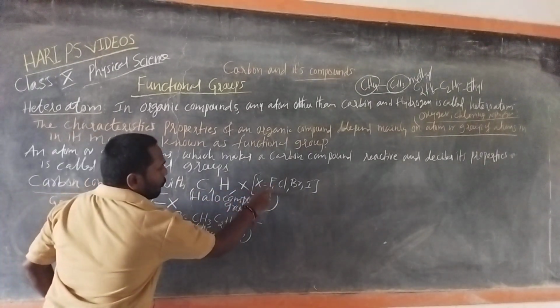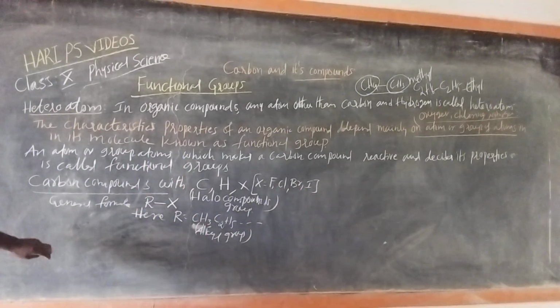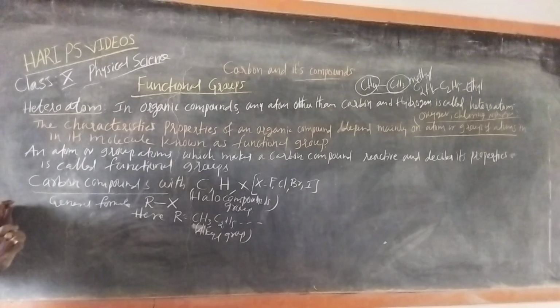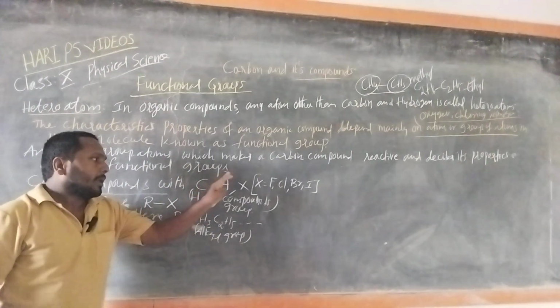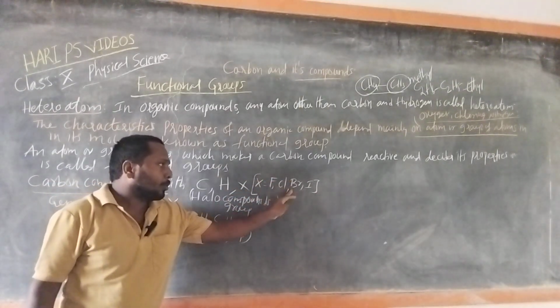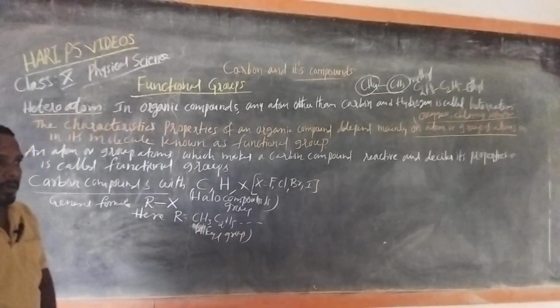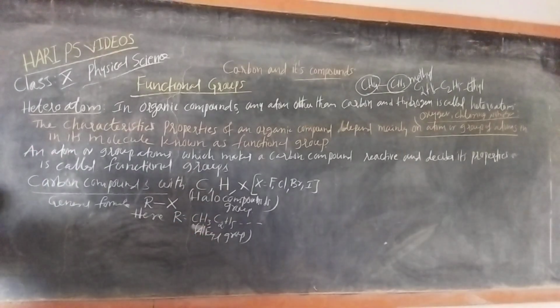And X means fluorine, chlorine, bromine, iodine. So any organic compound with carbon, hydrogen and X, where X is fluorine, chlorine, bromine or iodine, has a halo group and is called a halo compound.